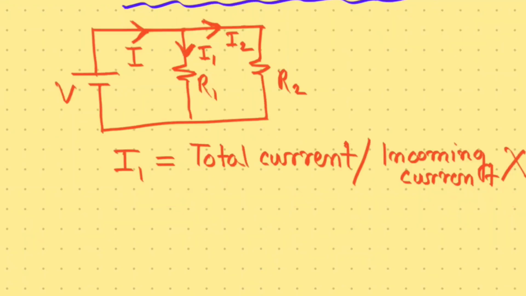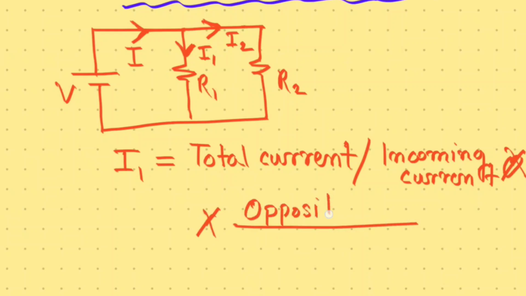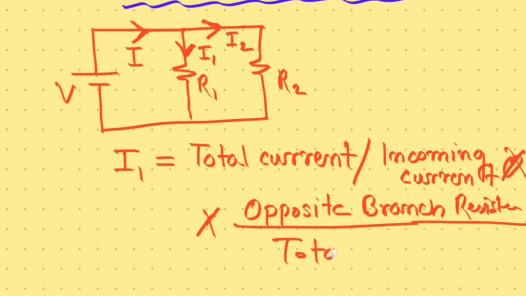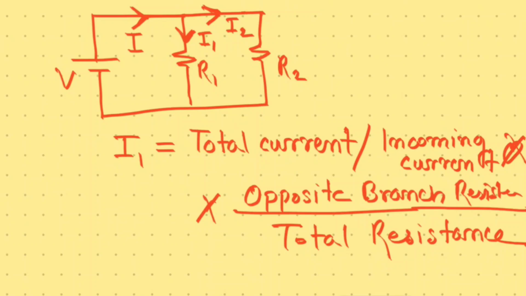When we are calculating this I1, we consider the opposite branch resistance. So this is the formula of the current divider rule.